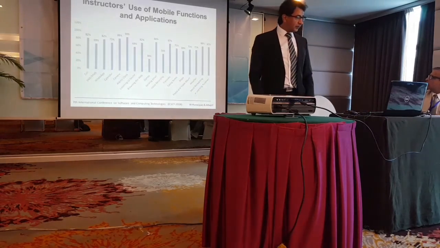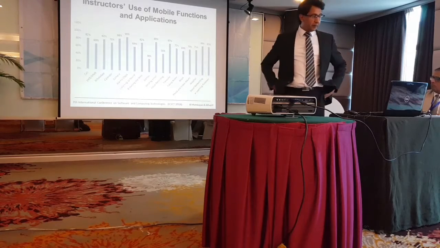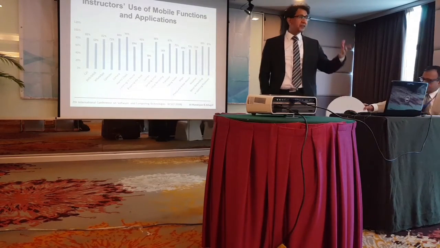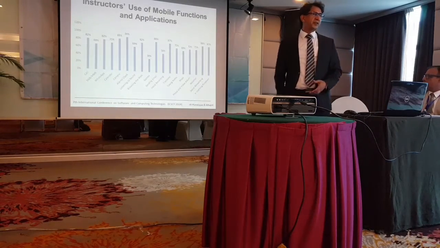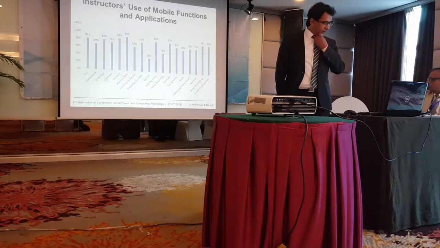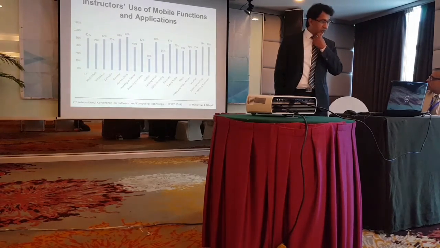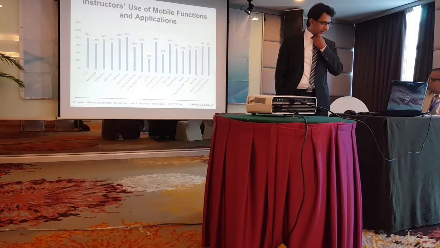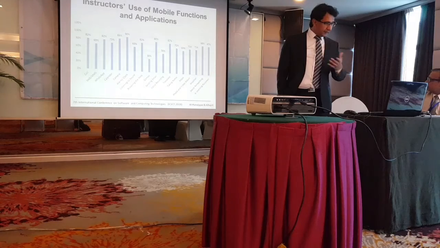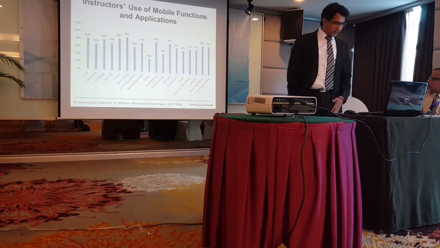Results, as you see, these are most of the functions and capabilities. The alarm clock is 94%. Everybody looks at the watch, everybody sees what time it is. Social networking is also an important aspect, 88%. The camera, 88%. Sending email, 88%.